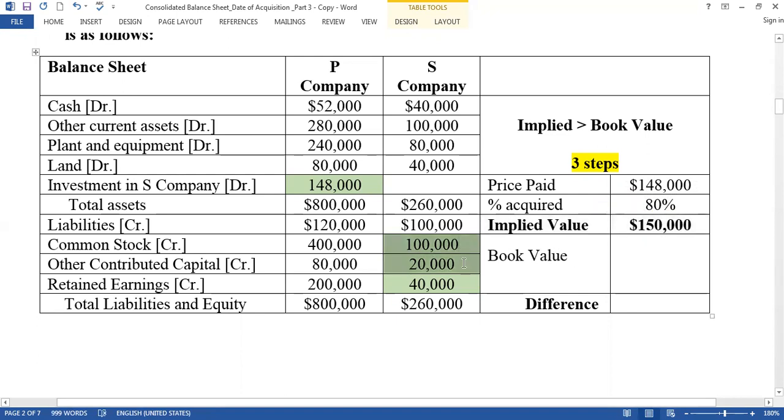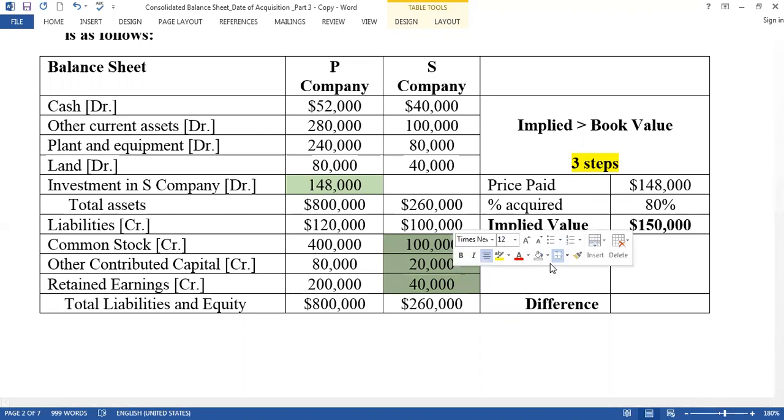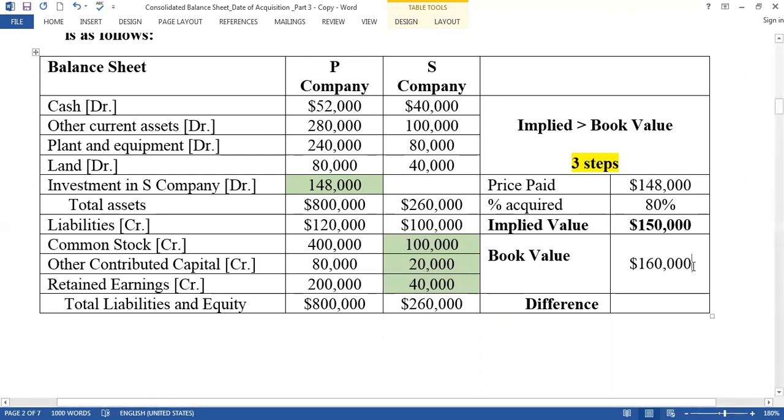Now what is the book value of this company? How do we calculate the book value? If we add the equity accounts of the subsidiary, we can easily know the book value. So the book value is the sum of these 3 accounts: common stock, other contributed capital, and the retained earnings. If we add these, we find that it is 160,000. Now the implied value is greater and the book value is lower, so we have a difference.